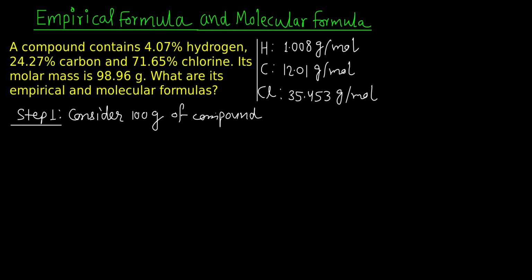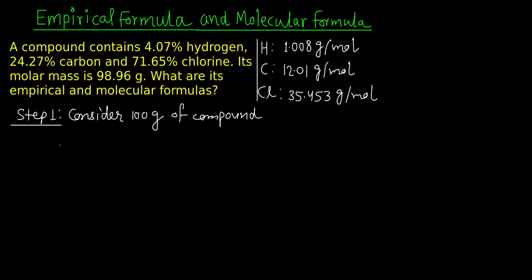Sometimes only two percentage values are given but not the third one. In that case you can sum the two numbers and subtract that from 100, then you will get the third element's percentage composition. Here all three elements' percentages are known, so we don't need to worry. So consider 100 gram of compound.